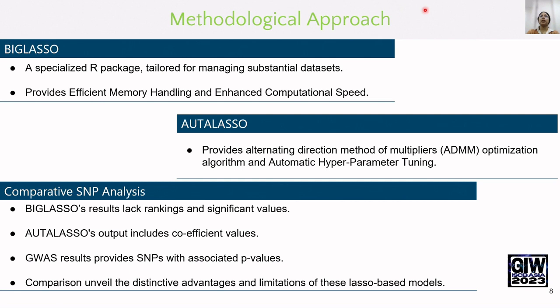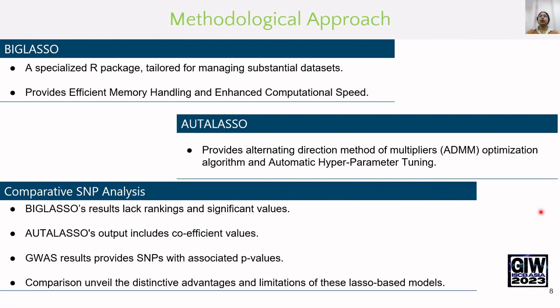Let's briefly discuss the theory behind the methods used. Big Lasso employs advanced memory mapping techniques, leverages swift pathwise coordinate descent, warm start strategies, and support for parallel computing. This ensures efficient management of substantial datasets and boosts computational speeds, contributing to swift and optimized analysis.